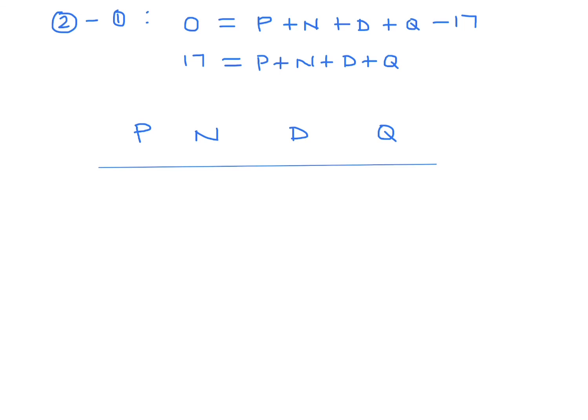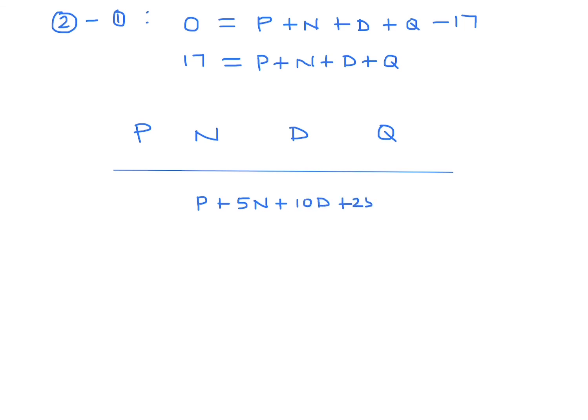And we know that the average of these 17 coins is going to be 17. So that basically means that if I take the sum of the value of the coins, which would be P plus 5N plus 10D plus 25Q, and divide by the number P plus N plus D plus Q, that average is 17.